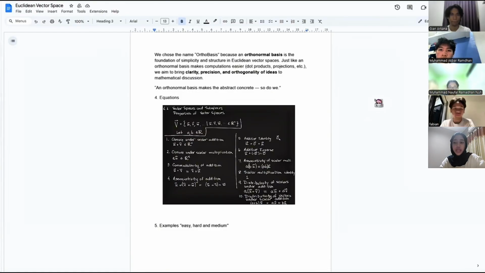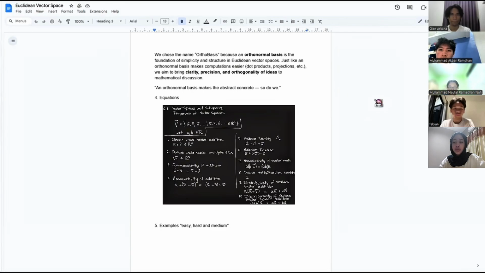The basic formula is usually u, v, w belong to V, and the result is mostly in R. For closure under vector addition, if you add two vectors, like u plus v, the result is also in the space. Next is closure under scalar multiplication: if you multiply a vector by a scalar, the result is still in the space. Next is commutativity of addition. The formula is u plus v equals v plus u.